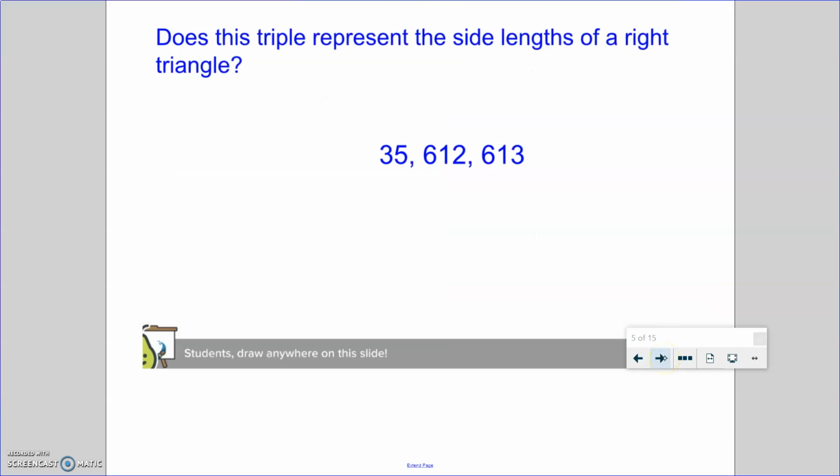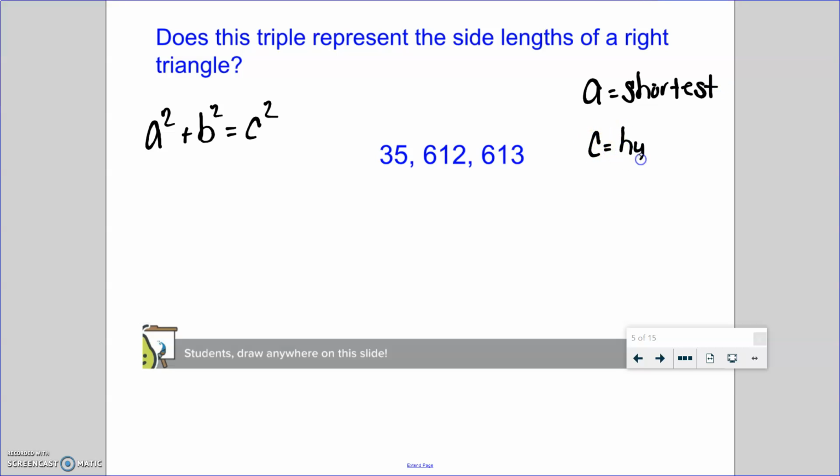Now we're going to take a look at triples, right? So you're given three numbers, and we want to know if this represents the side lengths of a right triangle. Well, we know a squared plus b squared is equal to c squared. We know a is our shortest side, and c is our hypotenuse.